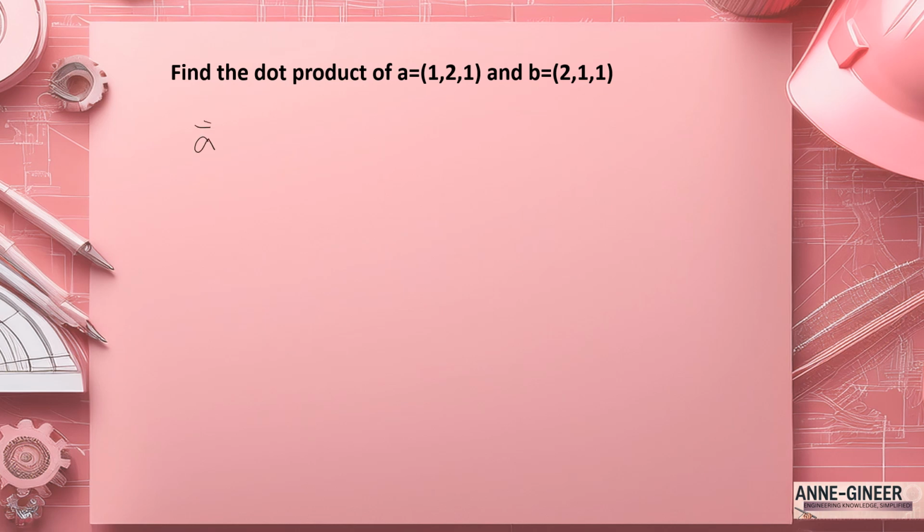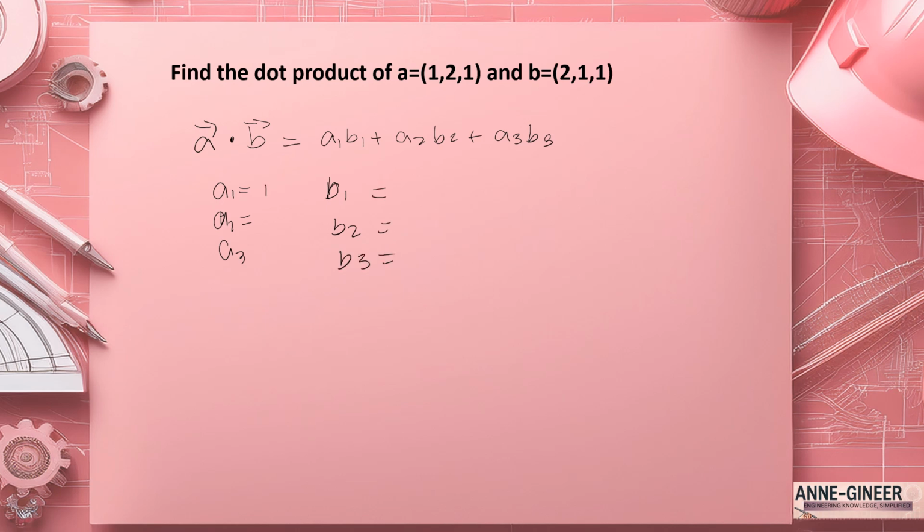So the dot product of vector A and vector B is equal to, by the formula, A1 B1 plus A2 B2 plus A3 B3. So let's determine A1, A2, and A3 as well as B1, B2, and B3.